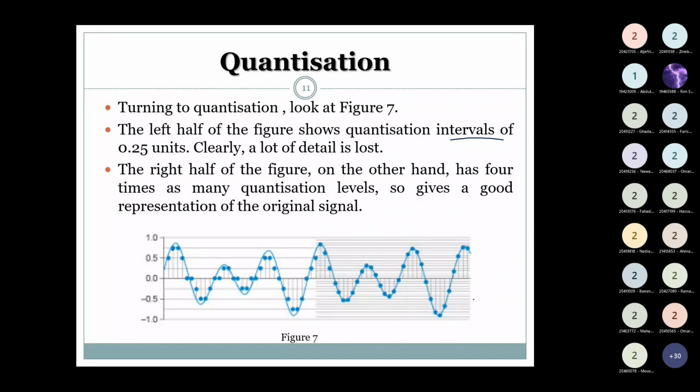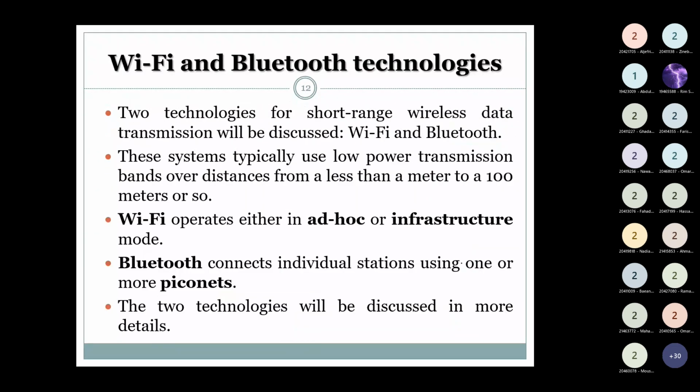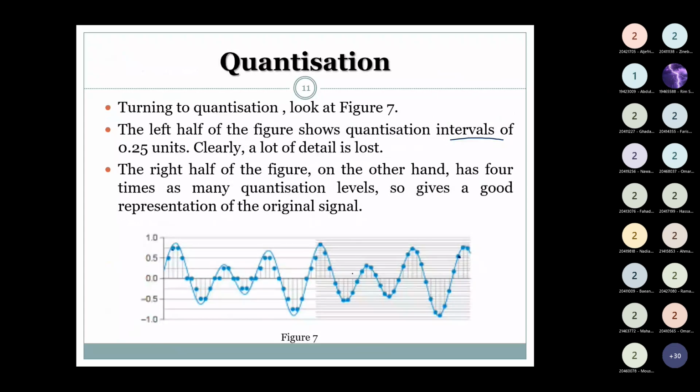All these fluctuations or samples can be represented in a sufficient way. This is what is called a good representation of the original signal, because here we have many quantization levels. As long as we have many quantization levels, we will have a good representation of the original signal. Is it clear? Any question about sampling and quantization?